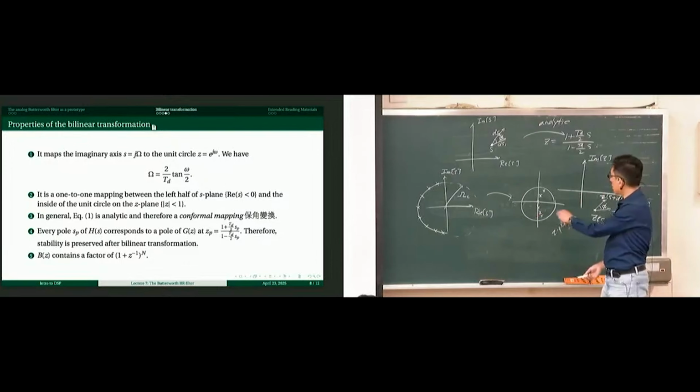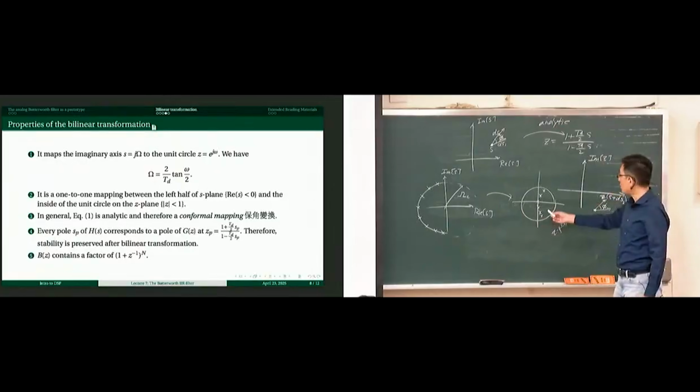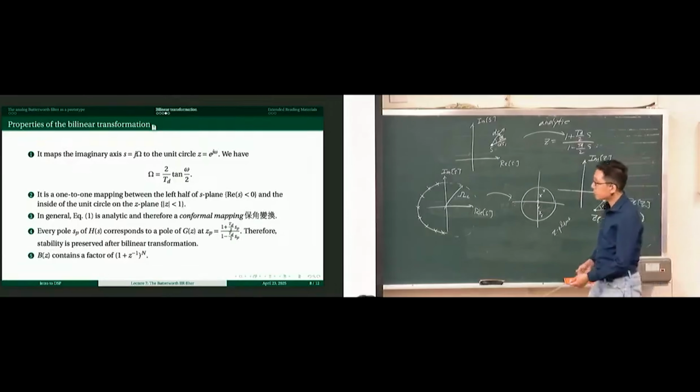To ensure that now our design, which I just erased, 我们刚刚擦掉了, that design will be a stable system because all the poles are now inside the unit circle in the Z plane. Okay? Stability is preserved. And that's pretty important.